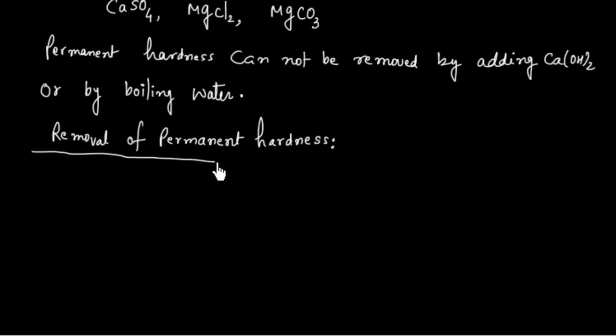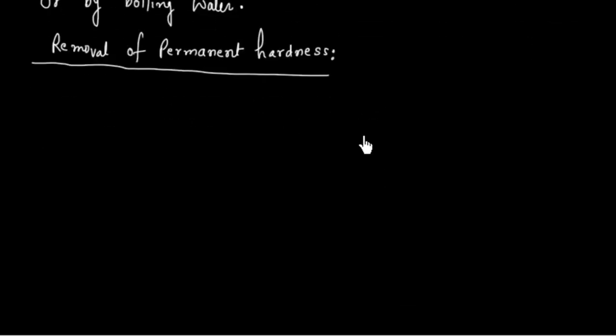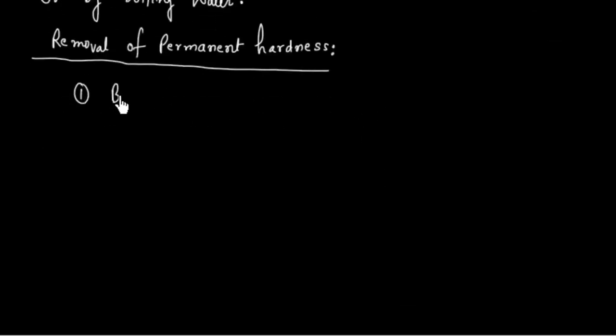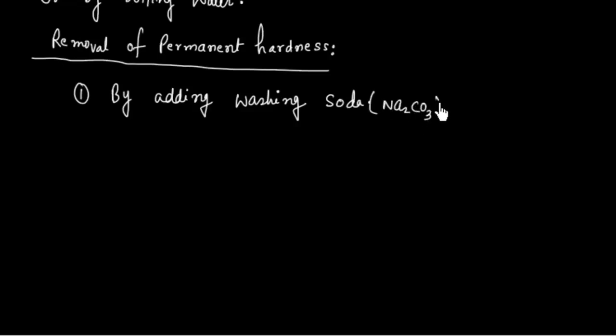So this is done by adding washing soda. First is by adding washing soda, which is nothing but Na2CO3. If we add Na2CO3, we can remove the permanent hardness.